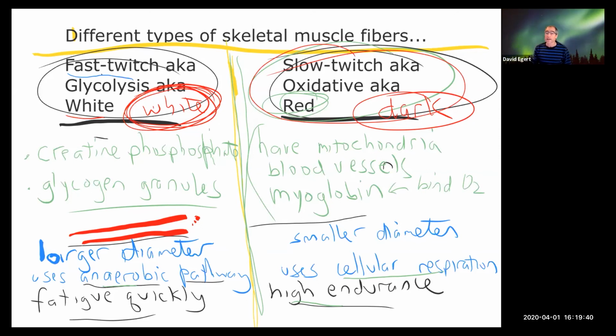Some muscles, particularly postural muscles, tend to be predominantly red. Other muscles are more white. Most muscles have a combination of both fibers. What distribution of red fibers and white fibers, slow and fast twitch fibers, you have is genetically determined, and different people have different distributions.